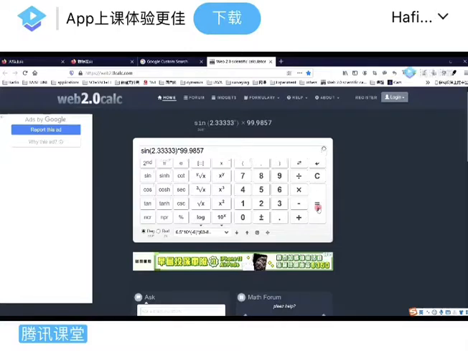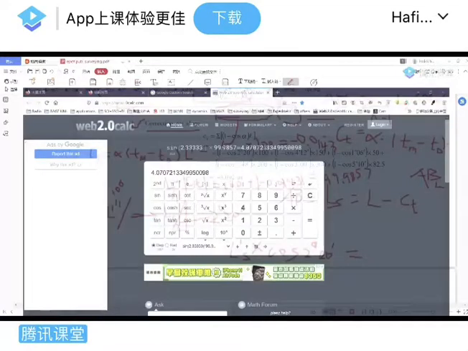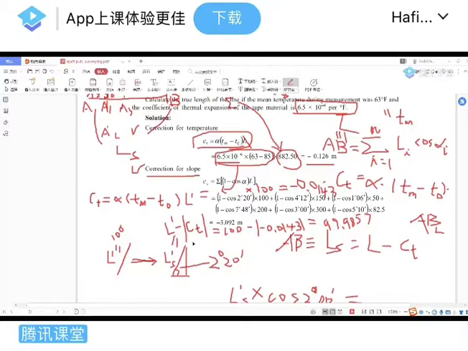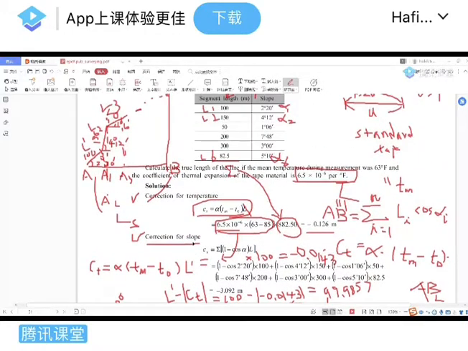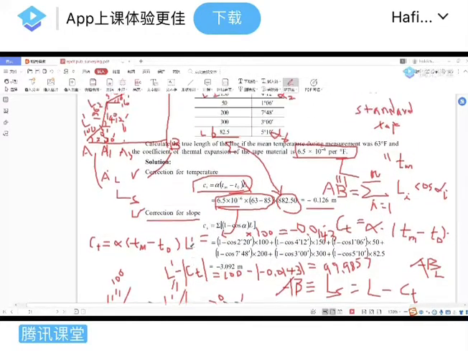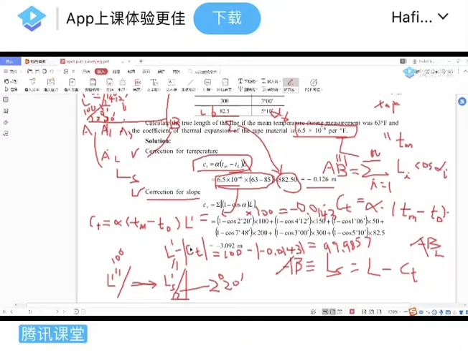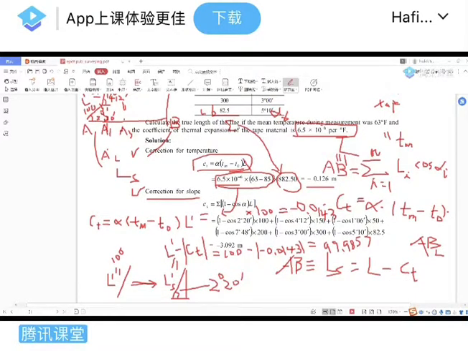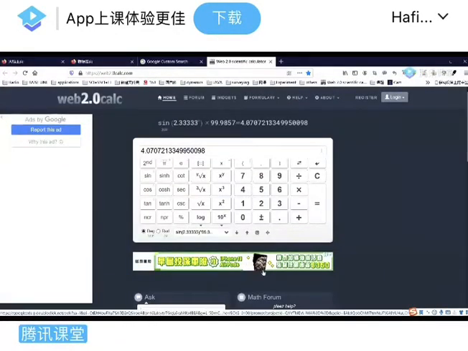Okay, so eventually how much do you get? Let me see. Cosine. This is cosine, not sine. How come I typed sine? No wonder. Cosine, not sine.